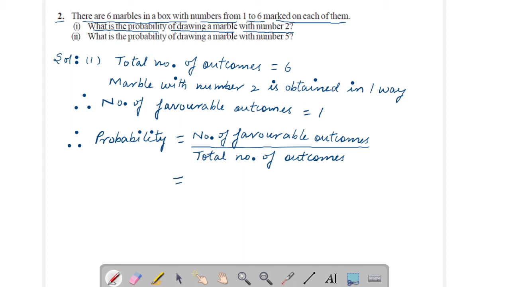Equal to the number of favorable outcomes, which is 1, upon the total number of outcomes, which is 6. Therefore, your probability is 1 upon 6.